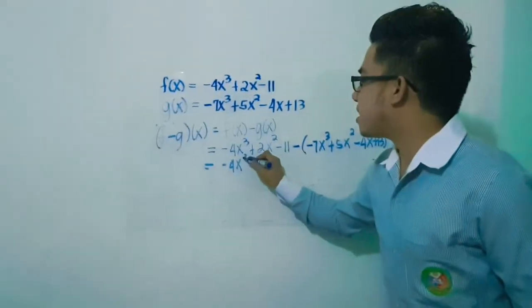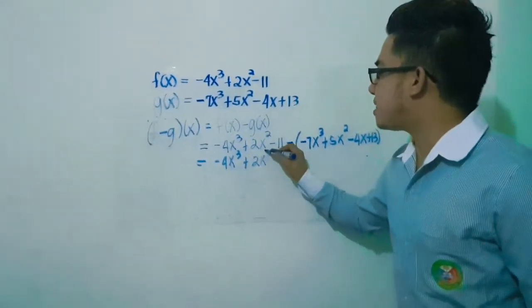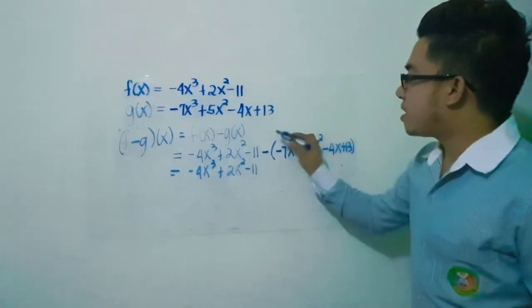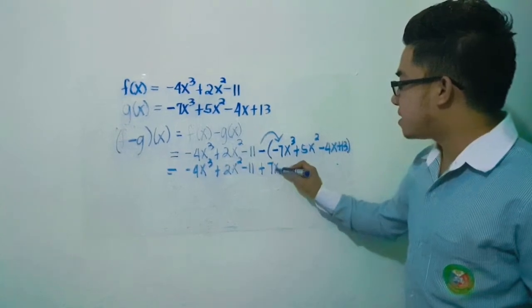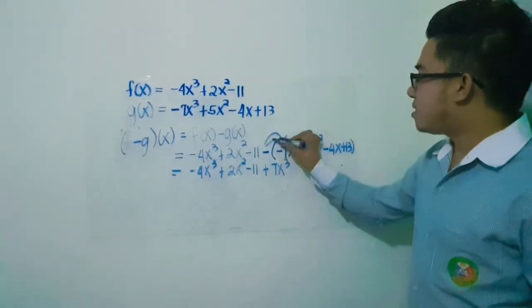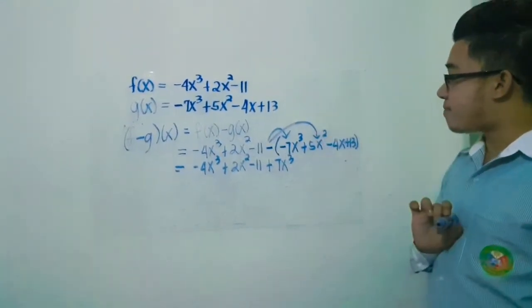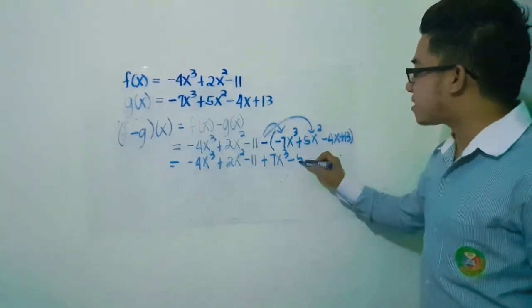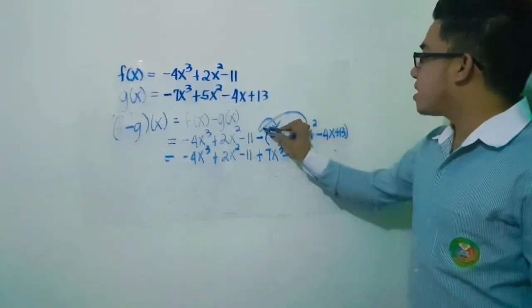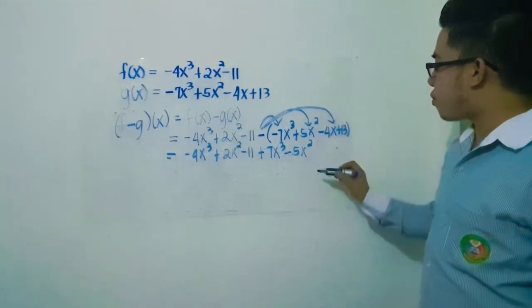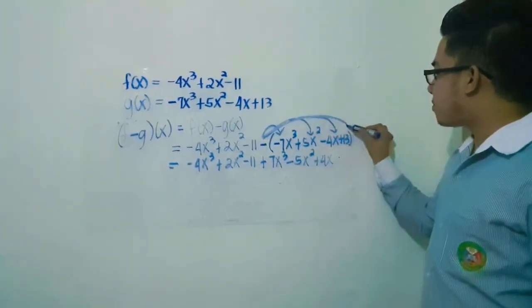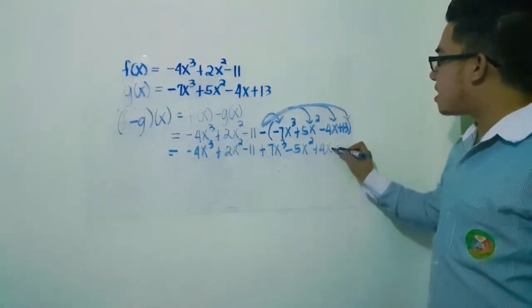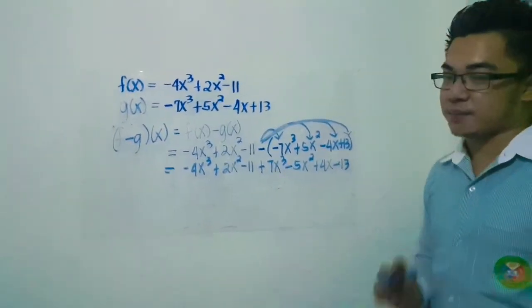If it is subtraction, the first process is to distribute the negative sign. Negative times negative is positive 7x cubed. Negative times positive 5x squared is negative 5x squared. Negative times negative 4x is positive 4x. And negative times positive 13 is negative 13.